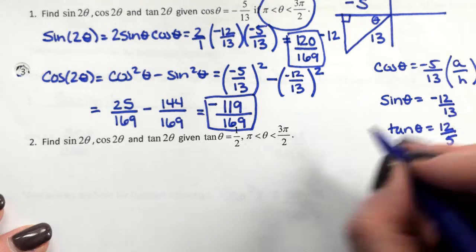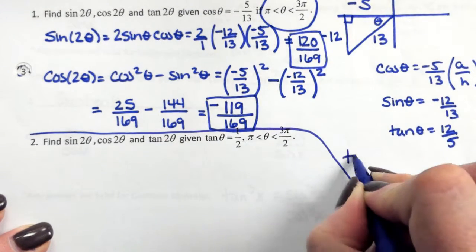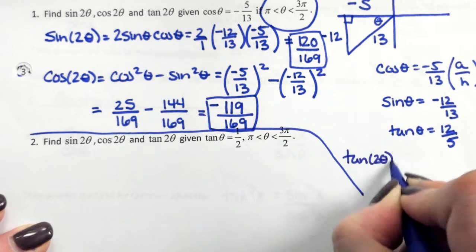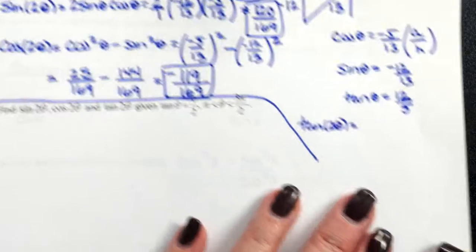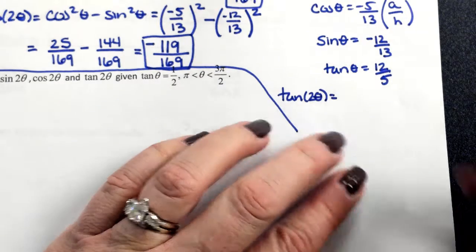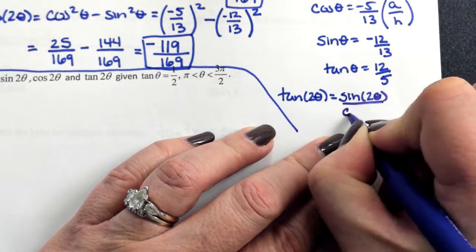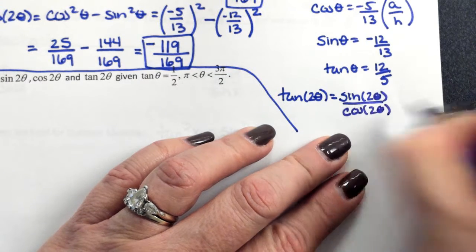Last one. Just go off to the side since I ran out of room. Tangent. Tangent, using your quotient identity, I know is sine over cosine. So the tangent of 2 theta is going to be the sine of 2 theta, which we already know, over the cosine of 2 theta.